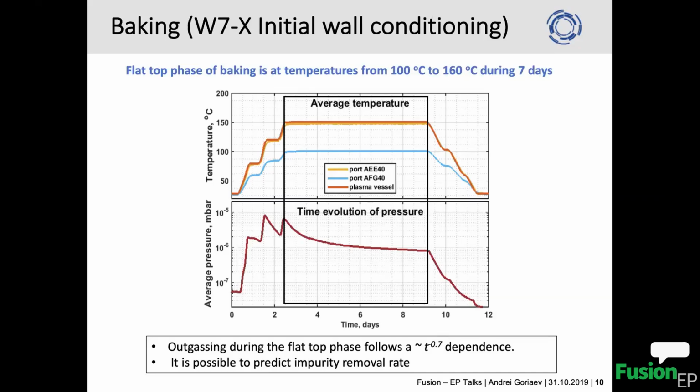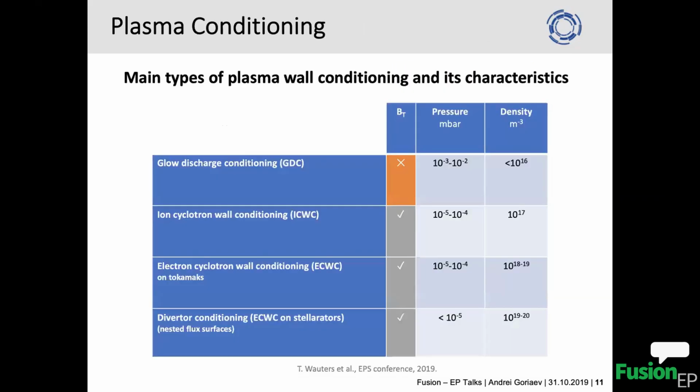That was the first type of wall conditioning applied on W7-X. The second type of wall conditioning is plasma-based wall conditioning. Here the main types of plasma-based wall conditioning are listed. We can also see the operation windows in terms of pressure and plasma density.